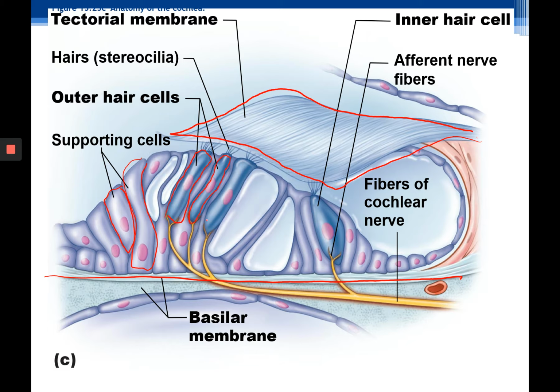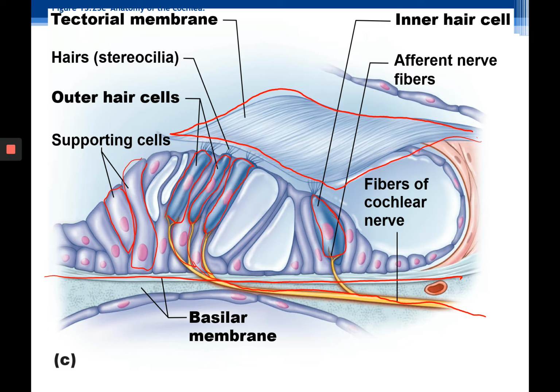So these cells would have to receive a stimulus, create a receptor potential, then that signal could travel to the cochlear nerve and then to the vestibulocochlear nerve. So this is what we're dealing with as far as our setup.